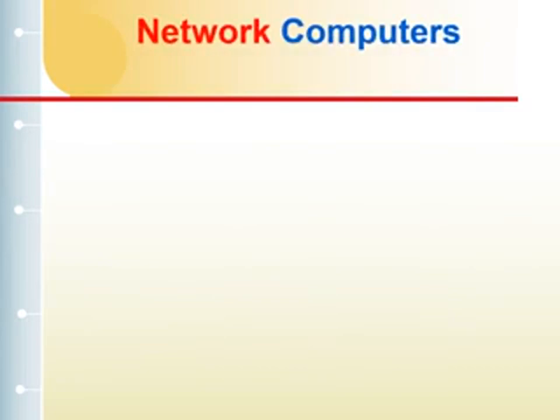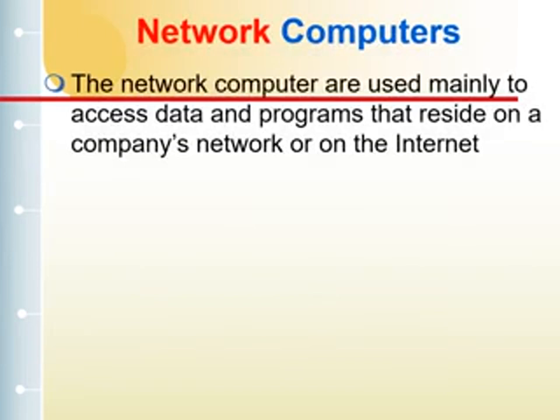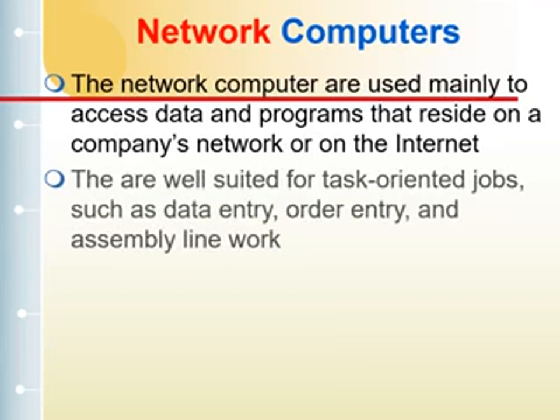Network computers. Network computers are used mainly to access data and programs that reside on a company's network or on the internet. They are well suited for task-oriented jobs such as data entry, order entry, and assembly line work. This is because if one is situated in a different town, what they do in that particular town on the computer will simultaneously show and appear on the other computer in another town.